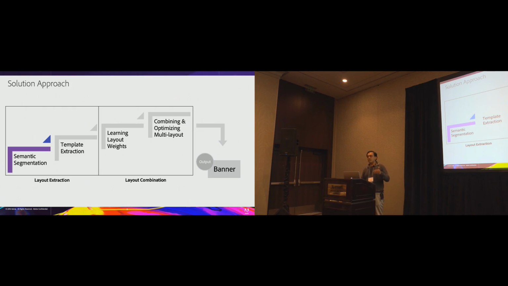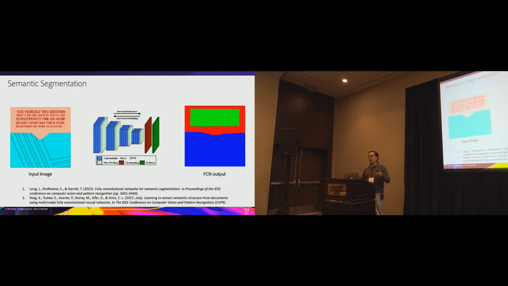For that, we consider this banner as an image, and we try to identify what the individual parts of the image were. How can we essentially identify it at a pixel level? For that, we used data from a corpus of designs, which had their underlying metadata, from where we extracted the different classes.